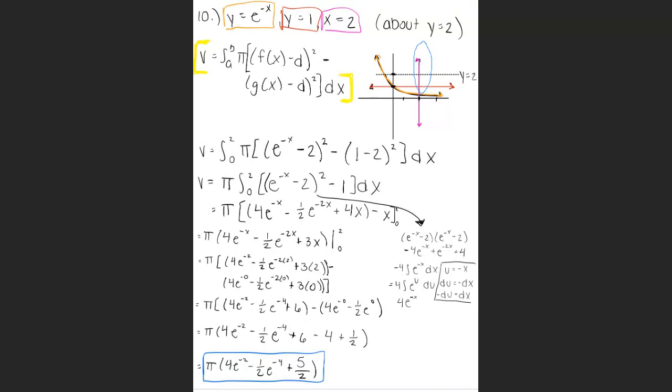No, the shaded area you are rotating. This part. So you have y equals e to the negative x, which you have the graph already. So the region is bounded by those 3 equations, right? Your y equals 1 and x equals 2, right? Yeah, so that's the region you're rotating over y equals 2.